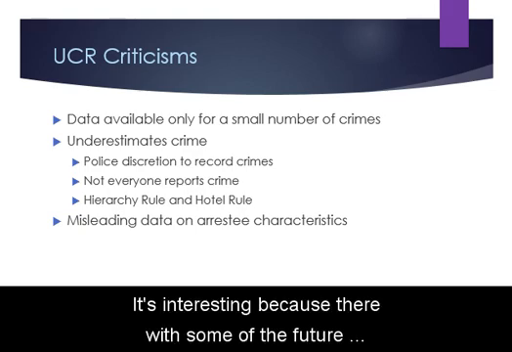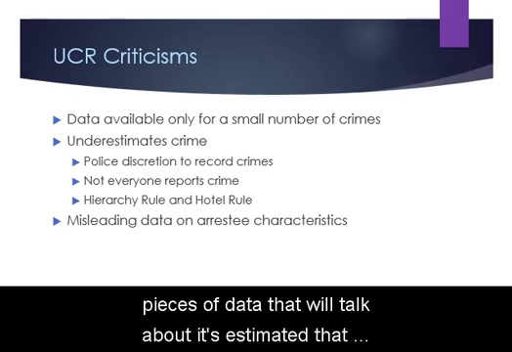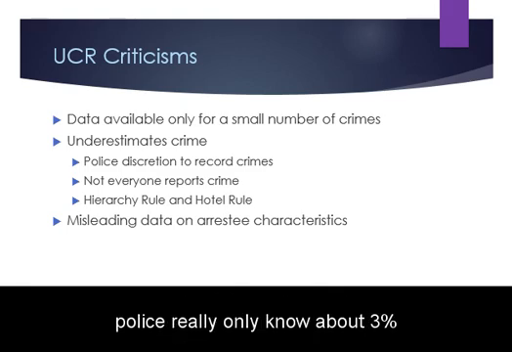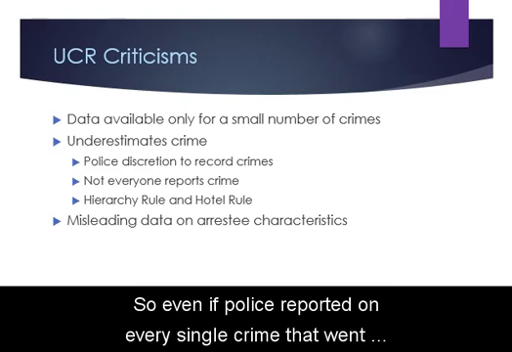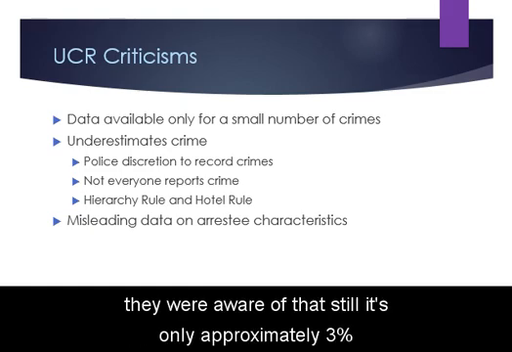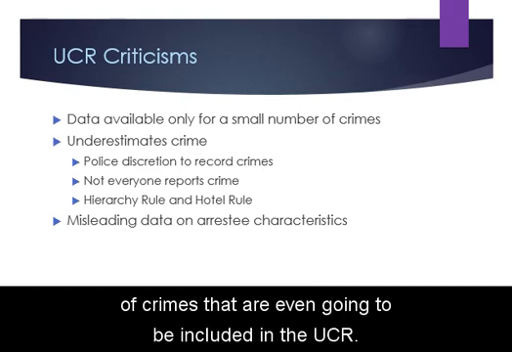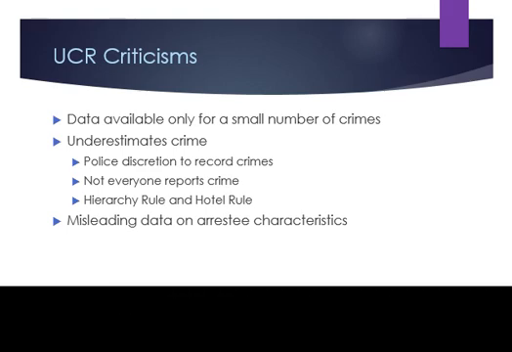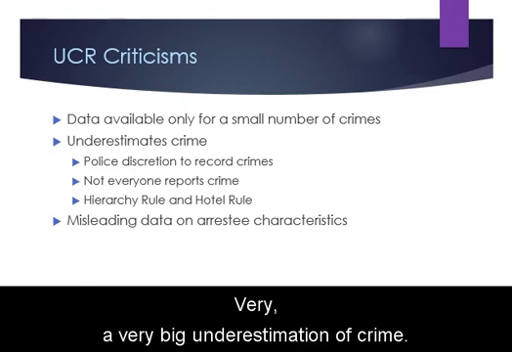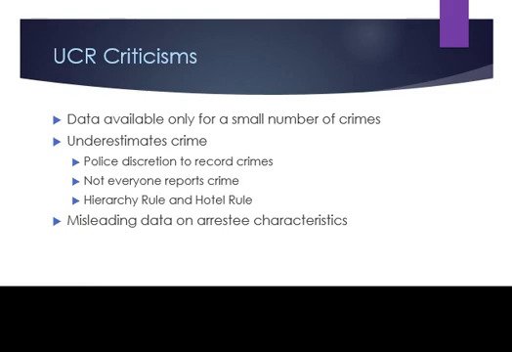It's interesting because with some of the future pieces of data that we'll talk about, it's estimated that police really only know about 3% of all crimes that occur. So even if police reported on every single crime they were aware of, it's only approximately 3% of crimes that are even going to be included in the UCR. So, a very big underestimation of crime.